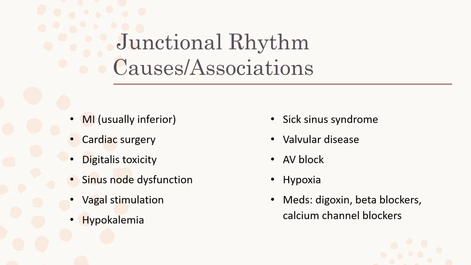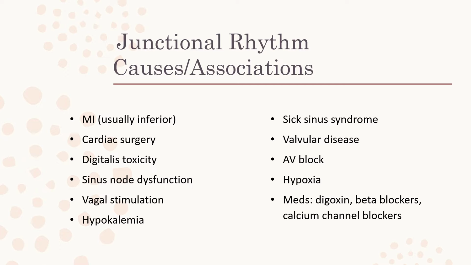And so if you have an inferior MI and you have some type of damage to that right coronary artery, or you don't have perfusion in the right coronary artery, you have damage to the tissue that's perfused by that, and the SA node is one of those.